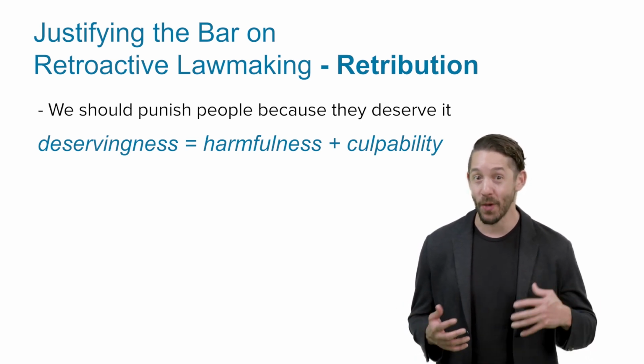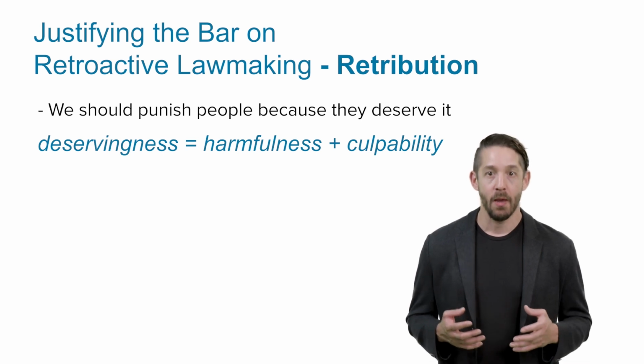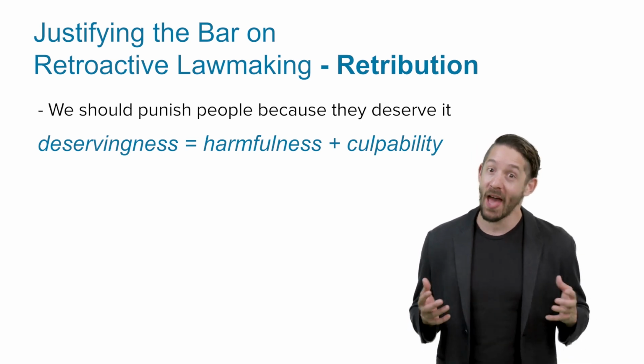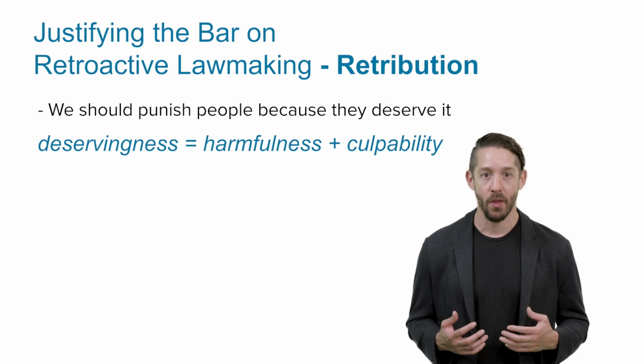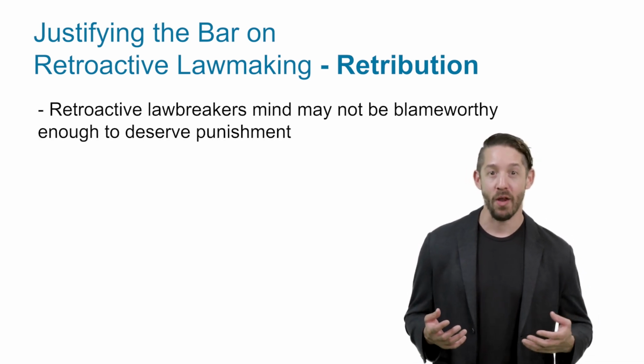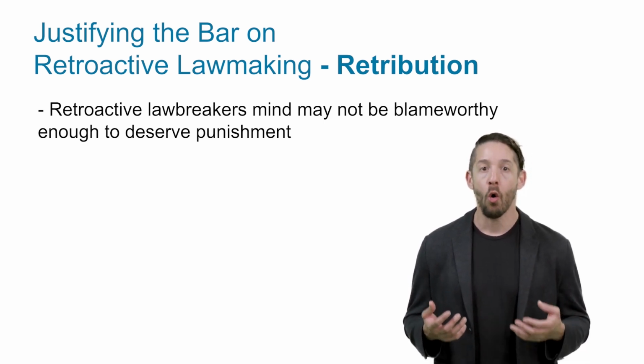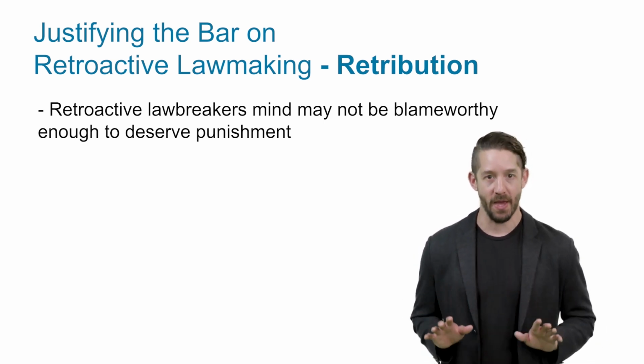But the fact that someone engages in that conduct, believing it to be illegal, very well might. Because in that case, they wouldn't have actually chosen to violate the law, and for retributivists, choices matter. So retroactive lawbreakers' minds may not be blameworthy enough to deserve punishment. Or at least that's an argument that could be made.